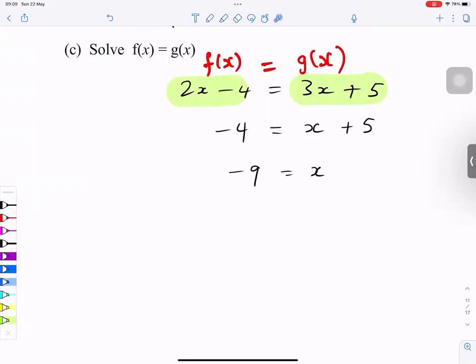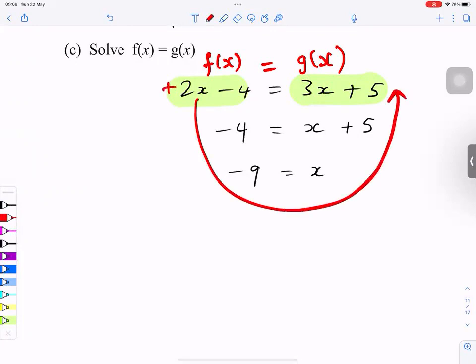This is an equation that has x on both sides. So you want to put all the x on one side and solve it. So you can take the 2x to the right. It's plus 2x, when it goes to the right, it becomes minus 2x.